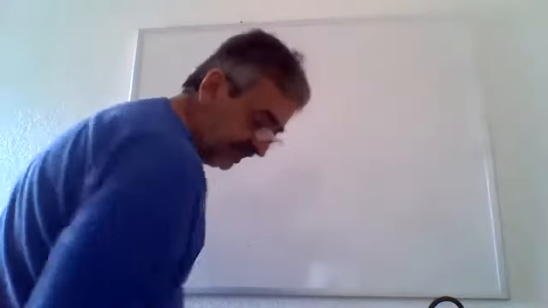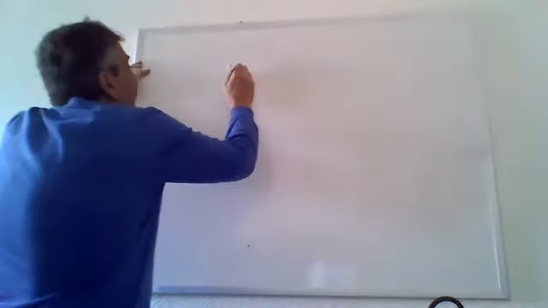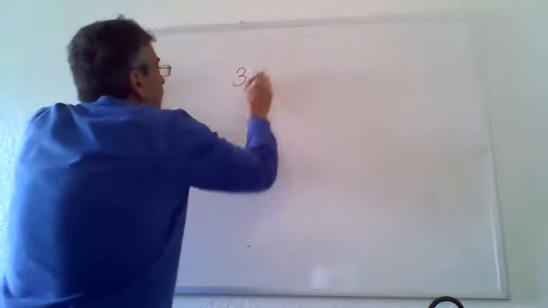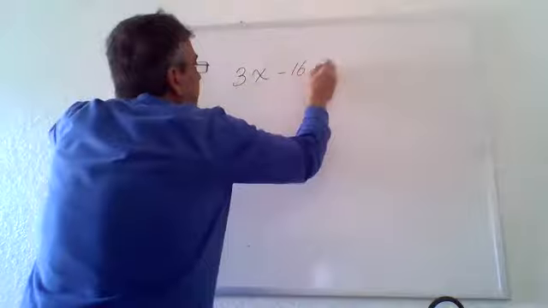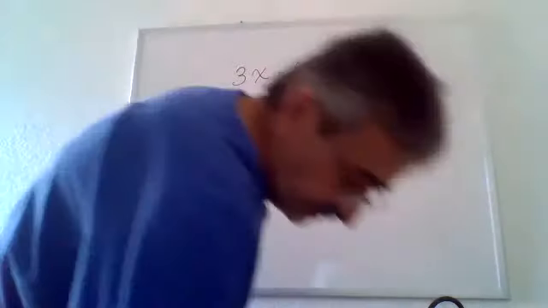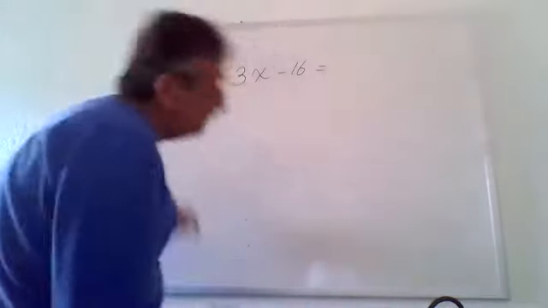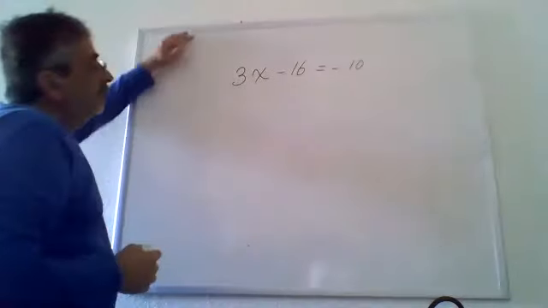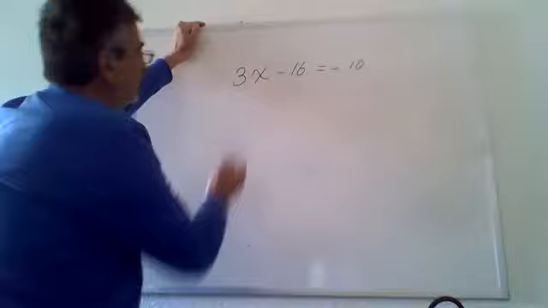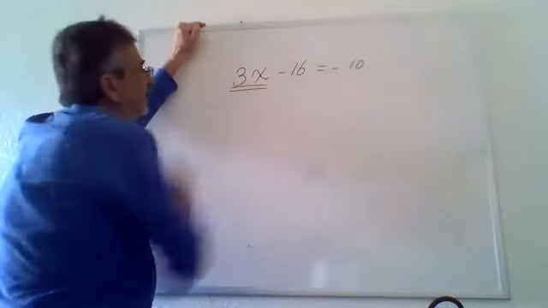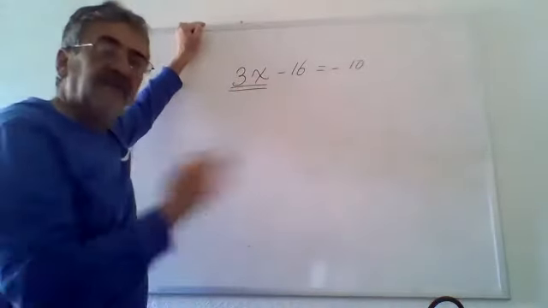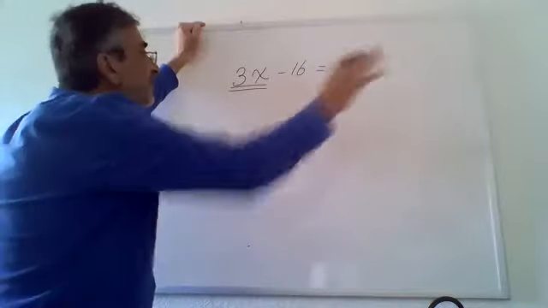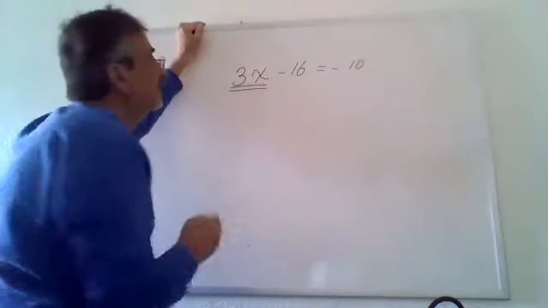An example of those problems: say you have 3x minus 16 equal to negative 10. To solve this equation, we need to isolate the variable. We have to have the variable on one side, everything else on the other side.